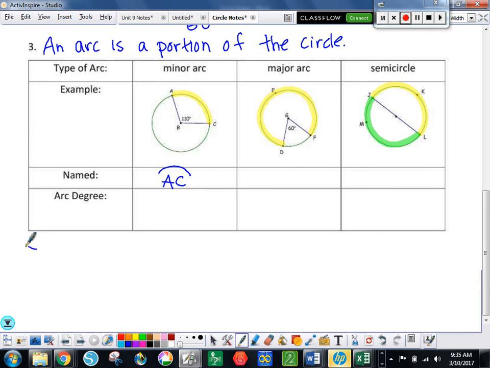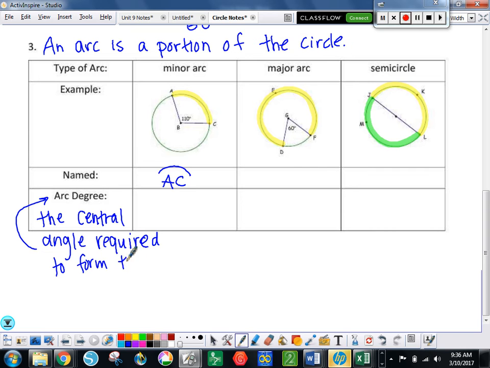Now, arc degree, let me erase this up a little so you can see it. An arc degree, the definition of this is the central angle required that's going to form that arc. So a central angle is the angle that's stemming off of the center of a circle.